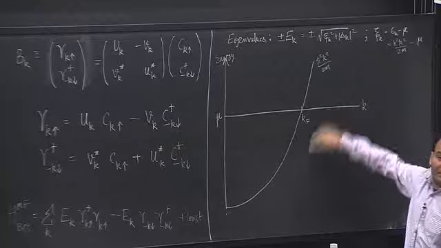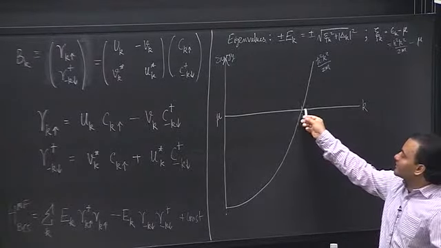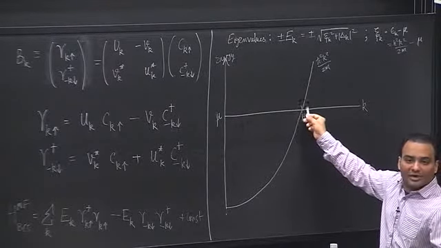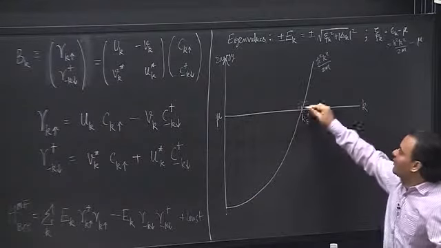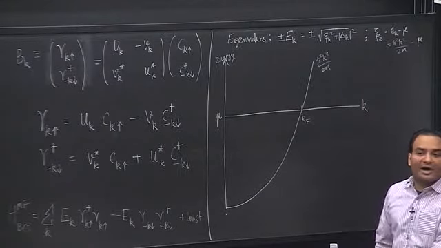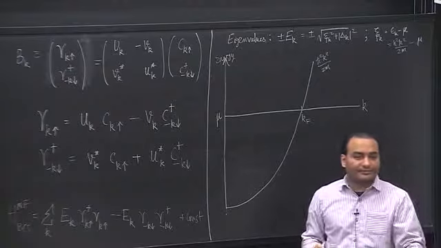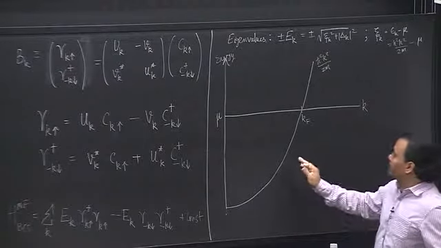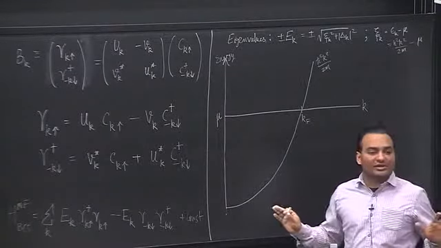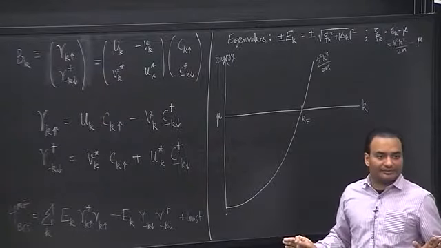I'm plotting this parabolic dispersion, and all states below kf are occupied, all states above kf are empty. So this just denotes original electrons.